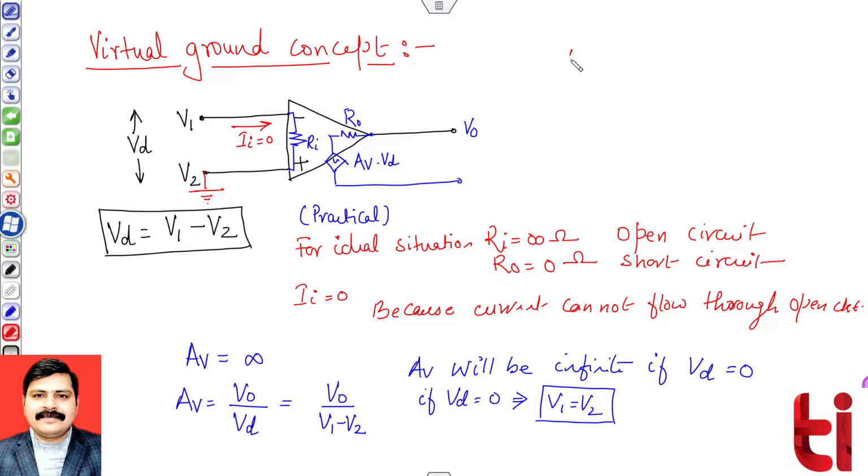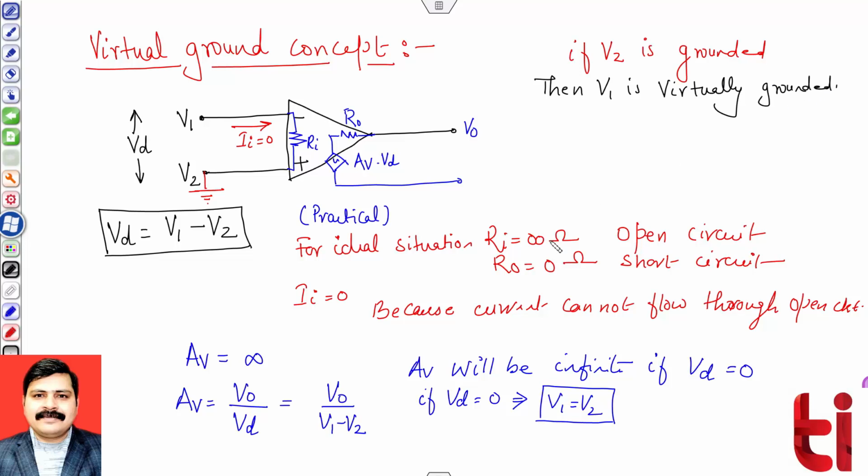If V2 is grounded, then terminal V1 is virtually grounded.